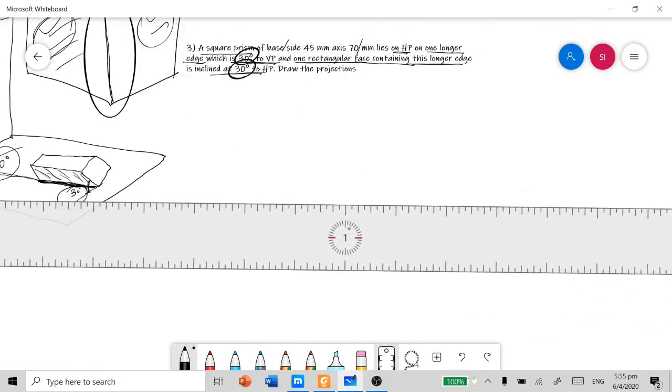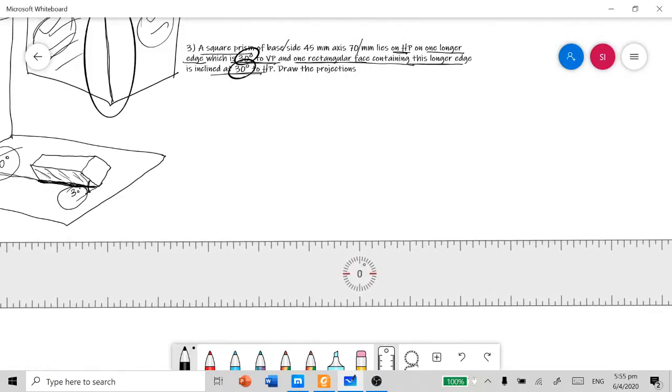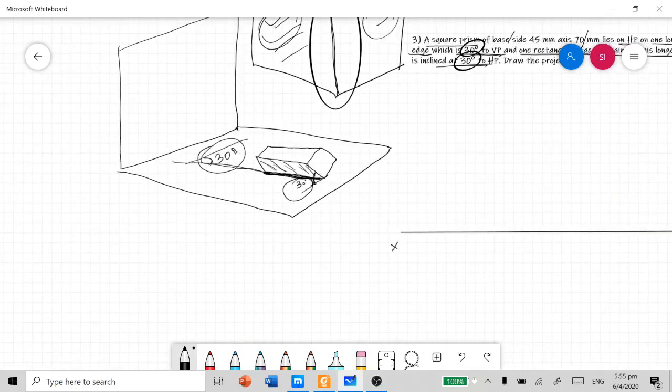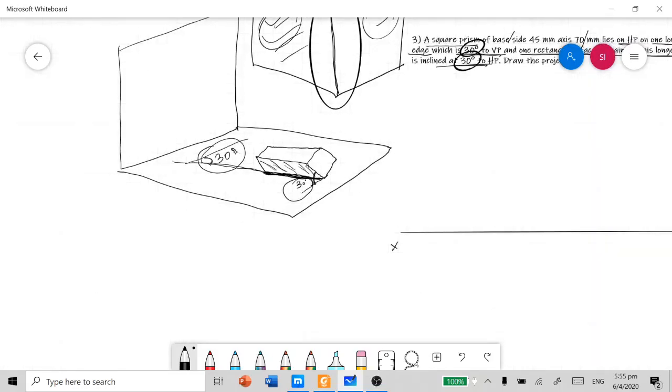As usual, we can start the answer with our XY line. Where should the base be? This is our first question. If the solid is resting in this manner, as usual we need to make the axis perpendicular to one principal plane. In this problem it's preferably the VP.